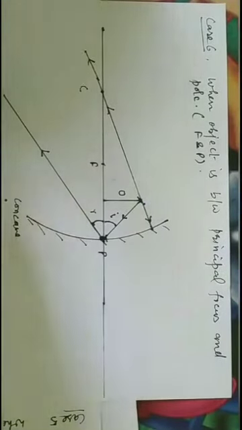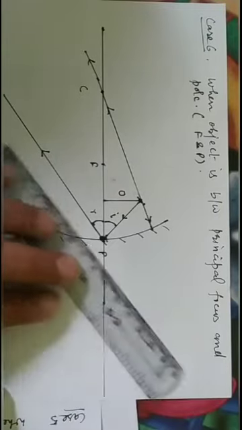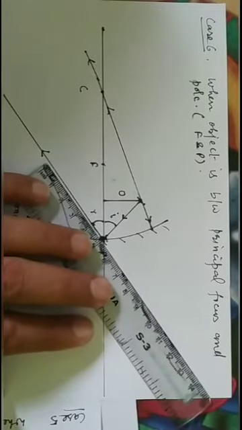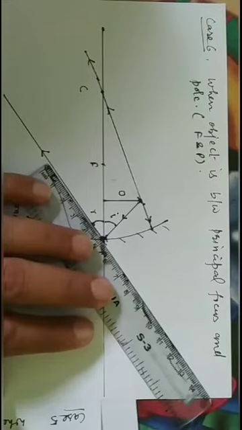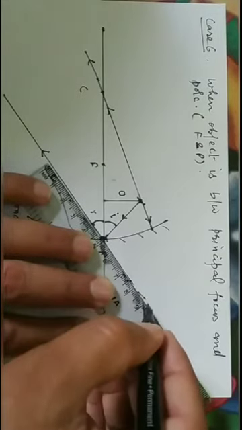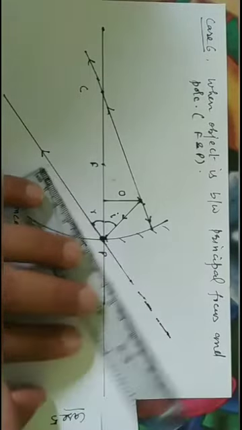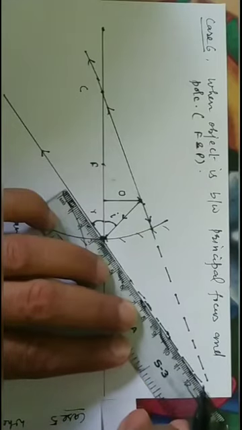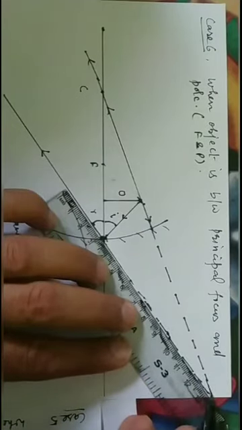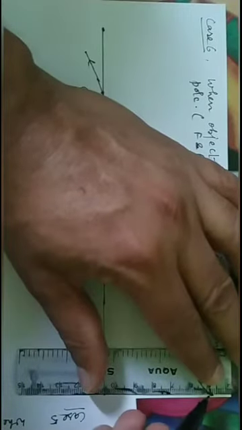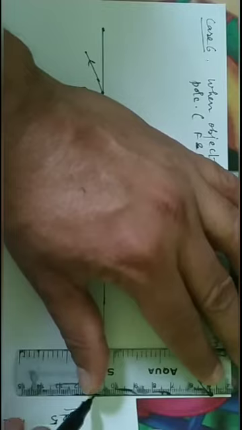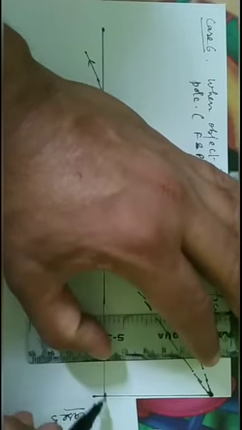If you proceed these two rays in a forward direction, they are not going to meet anywhere, so we proceed them in a backward direction. They are meeting at this point. So this is our image.